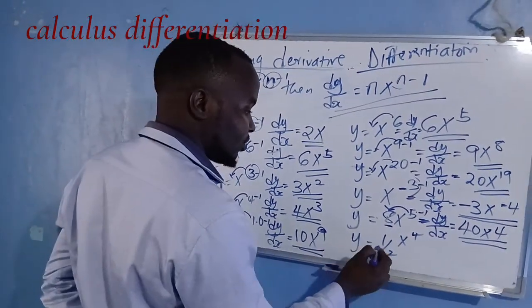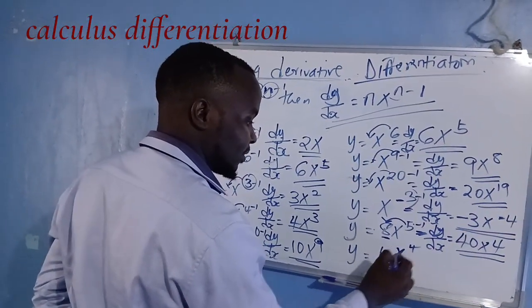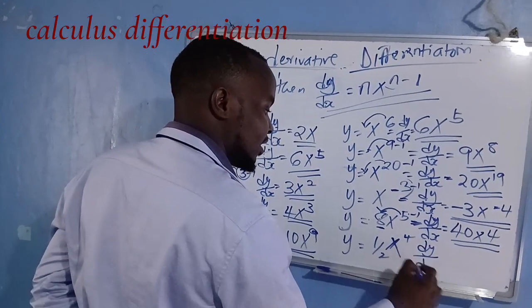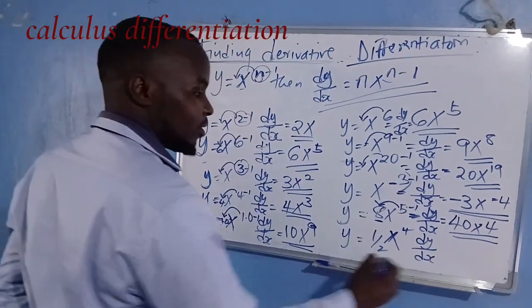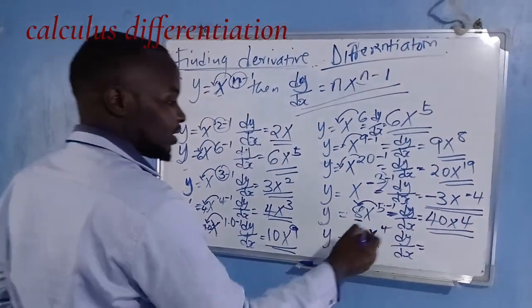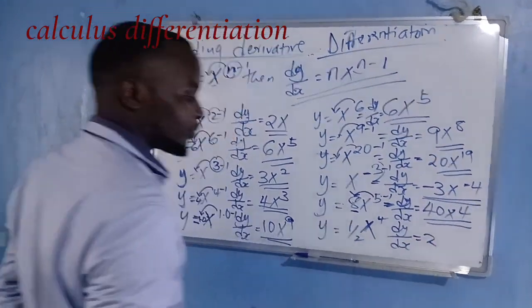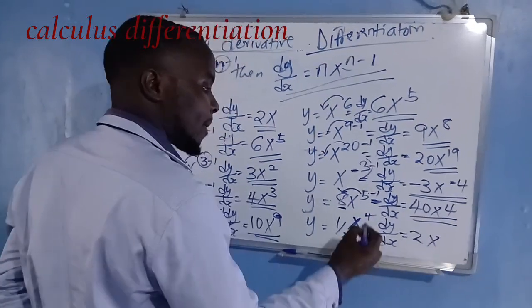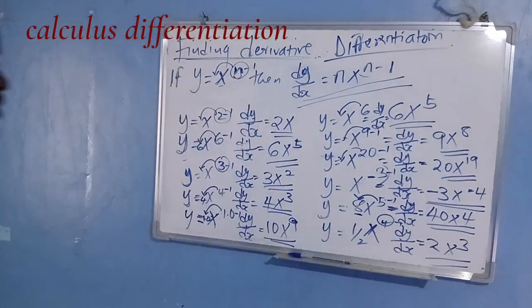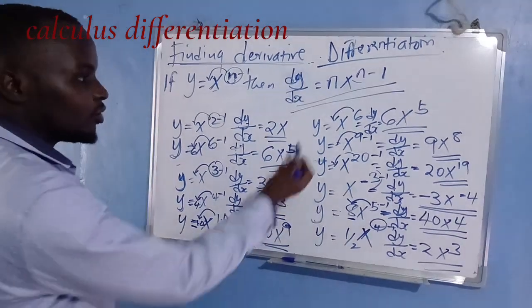Lastly, we have y is equal to half x power 4. What is your dy over dx? Your dy over dx will be 4 times half. 4 times half will give you 2. And then you have x. 4 minus 1 is 3. 2x power 3. So that is how you differentiate.